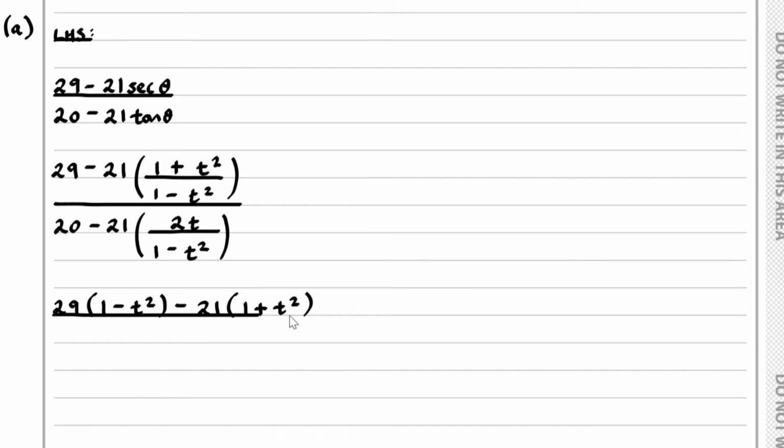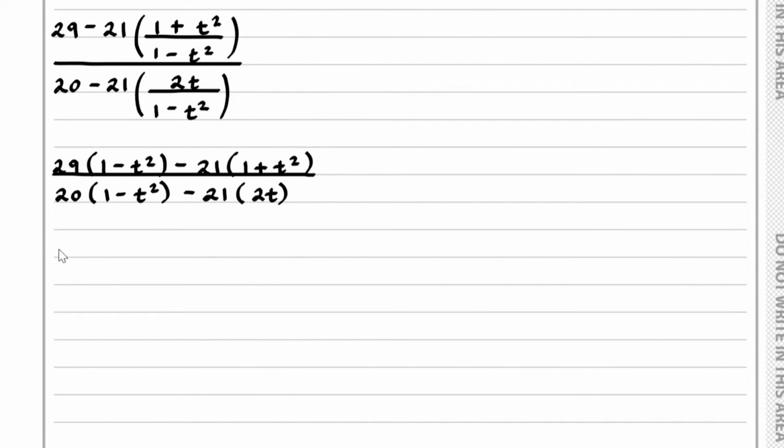And then for the denominator, we have 20 multiplied by 1 subtract t squared, and then we subtract 21 multiplied by 2t.